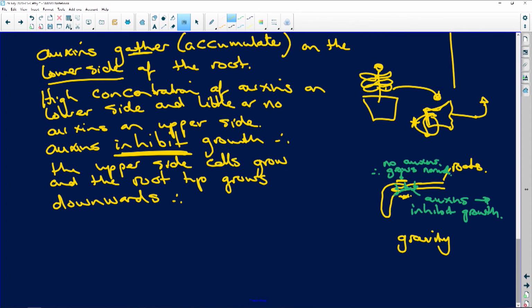And therefore the root is positively geotropic. Remember, geo is the stimulus, a response to gravity.